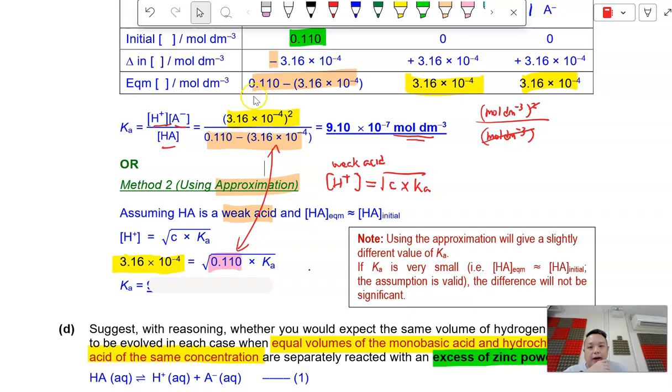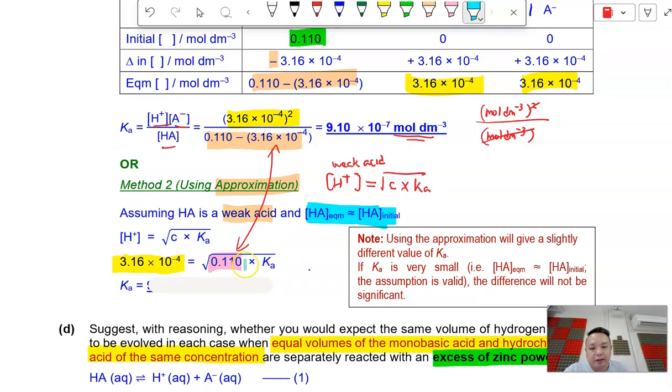If you actually calculate 0.110 subtracting away 3.16 times 10 to the power minus 4, you realize it has a value that's very close to 0.110. So therefore, I make this assumption. Because of this, it's an approximation method, but it makes the solving a lot easier. Instead of having to construct an ICE table, I can just make use of this formula, and then find my Ka.